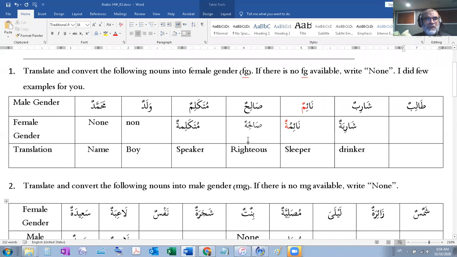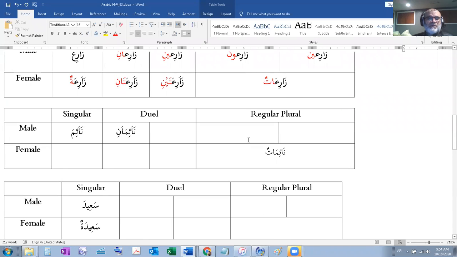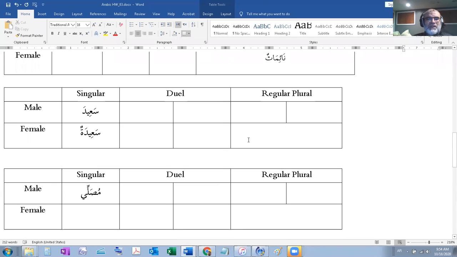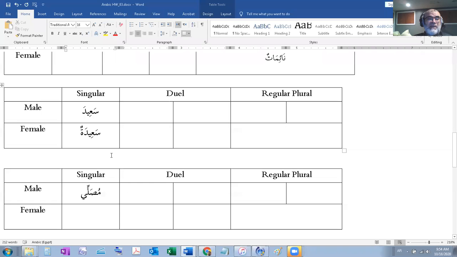Okay. Now, about this table. We're talking about Sa'id. Sa'id means happy. Happy could be male or female. So we have Sa'id and we have Sa'ida. Okay? How do we make it dual? I can show you the rule.